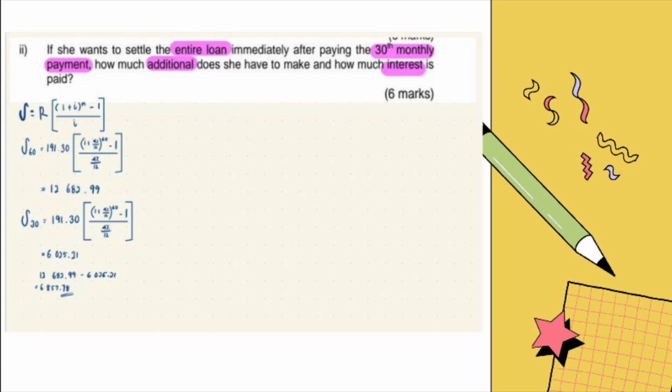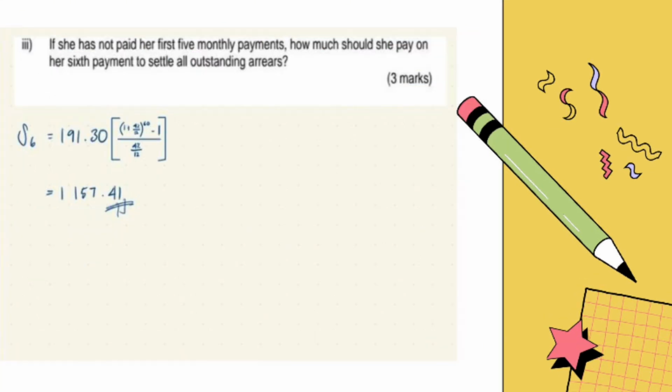The answer is 6,657.78. S6 equals 191.30 open bracket 1 plus 4% over 12, the power of 16, minus 1 over 4% per 12 close bracket. So the answer is 1,157.41.